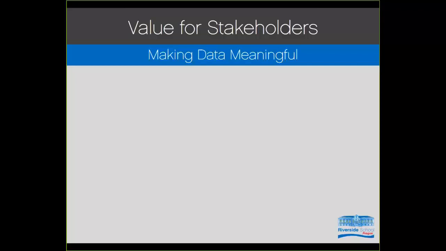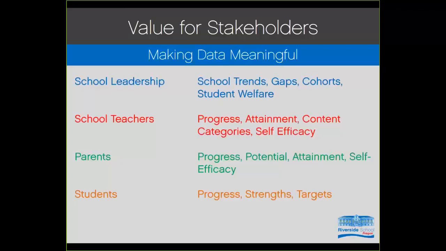So as you can see, we've made a really big effort to display how all the stakeholders of the school can benefit from our school data. And we believe that going forward, allowing these stakeholders to develop their own practice around the accessibility of the data will be key. From a school leadership standpoint, we can really look at school trends, gaps, cohorts, our student welfare.